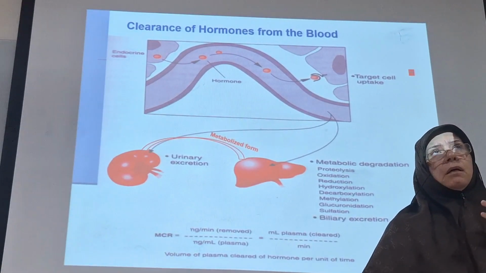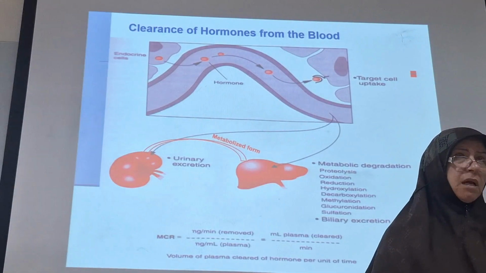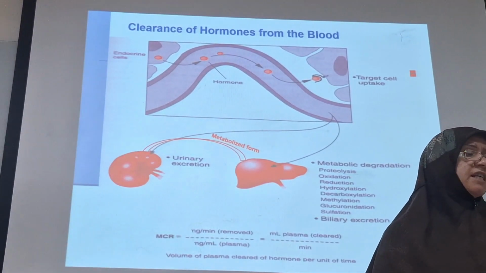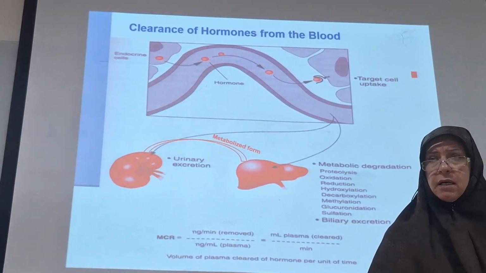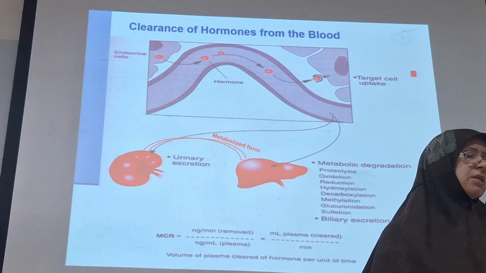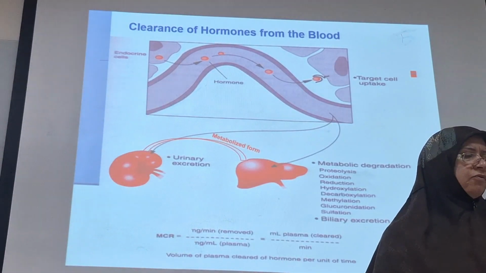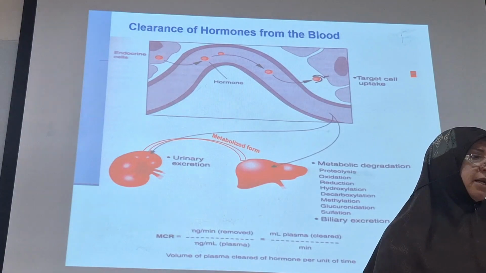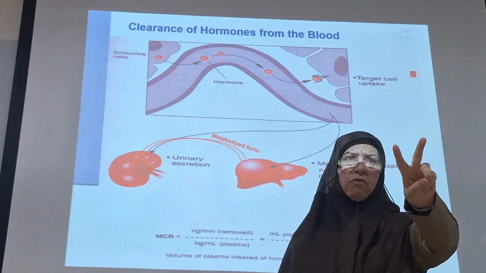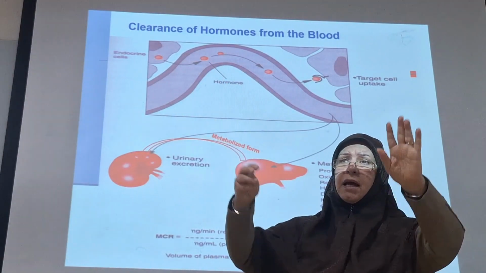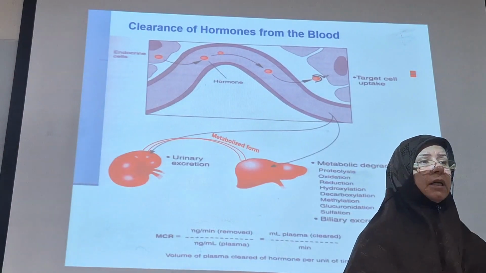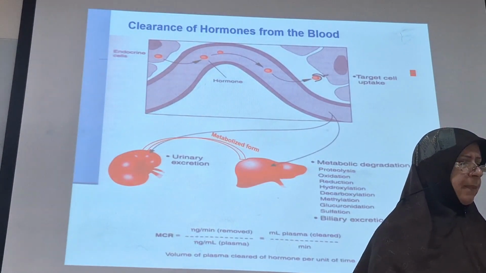But most hormones are first metabolized in the kidney or other tissue, then returned into the blood circulation and excreted in the urine. So in the urine you have two forms of hormone, intact and metabolized form. Mainly the metabolized form is excreted in the urine.